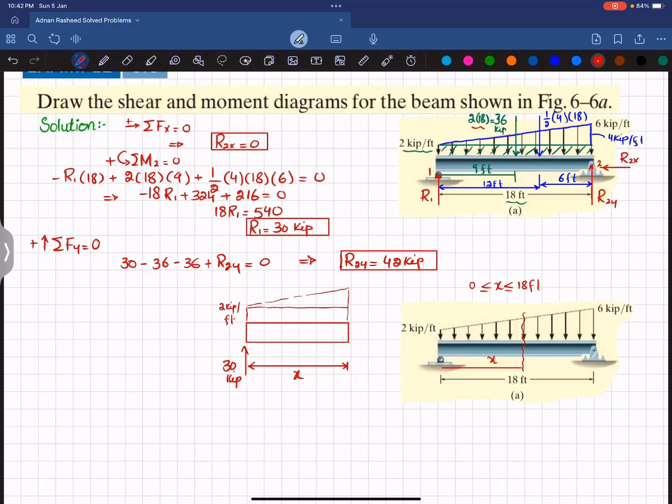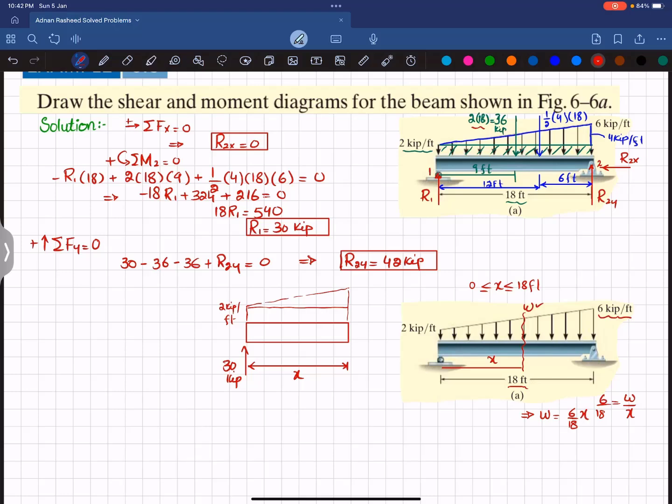And what about the distributed load over here? Since we have a length of 18, 6 divided by 18 will be equal to W divided by x. So from here we will get W equal to 6 by 18 times x. Okay, not 6, sorry.